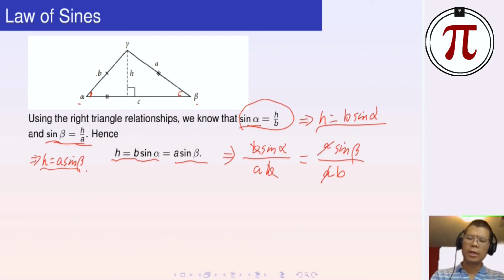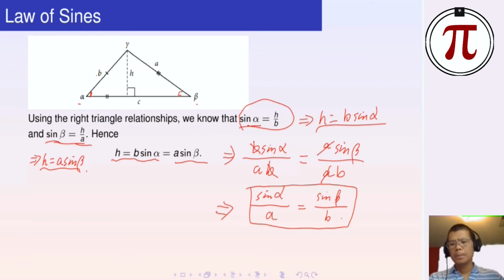So this implies sine alpha over A equals sine beta over B.